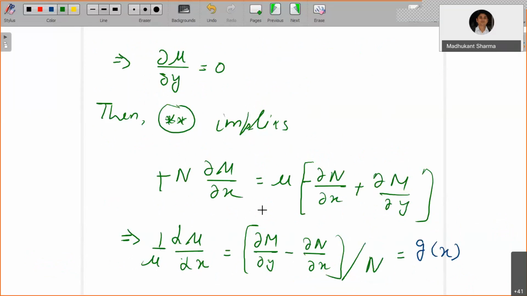So sir, if the right side involves y, then it can also be some equation? This equality is not possible if you have the right side involving y.